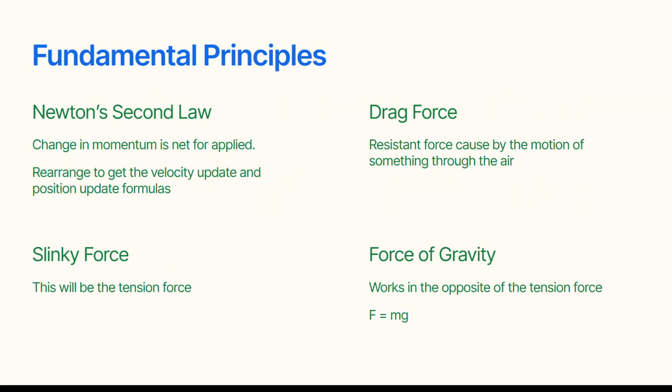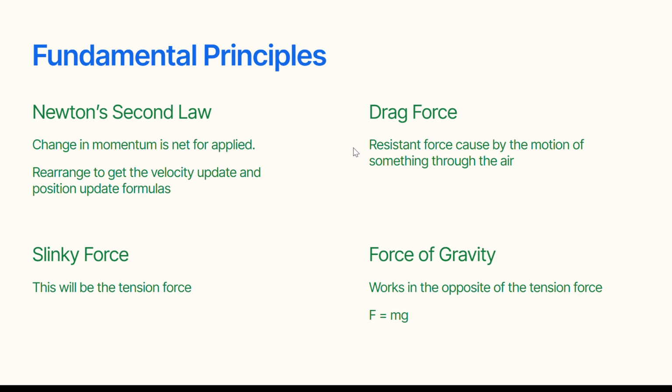The fundamental principle we'll be using is Newton's second law, which is that change of momentum is equal to the applied force. You rearrange this to get the velocity update and position update formulas, which we're all familiar with. As well as that, there are a couple of other forces we're looking at.